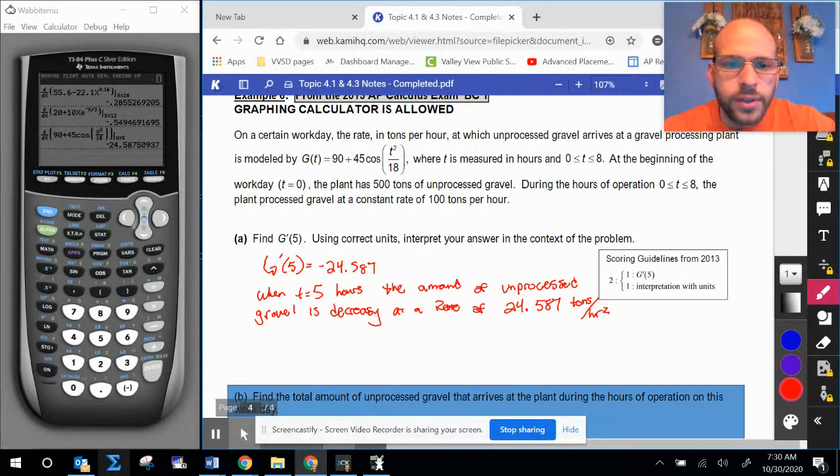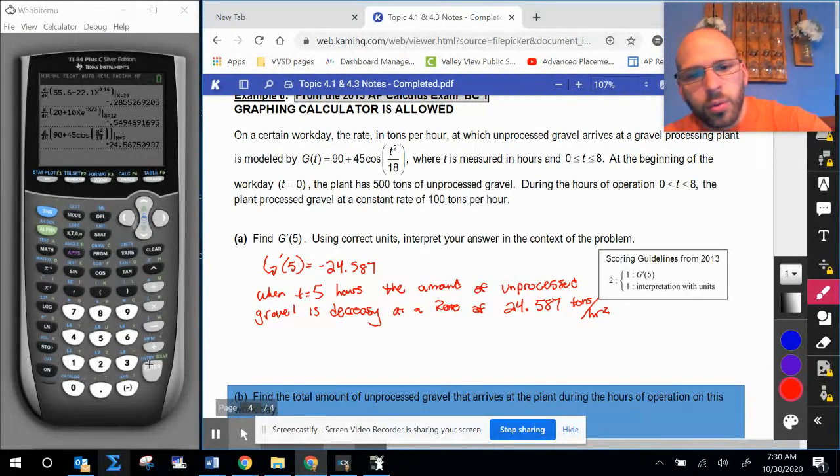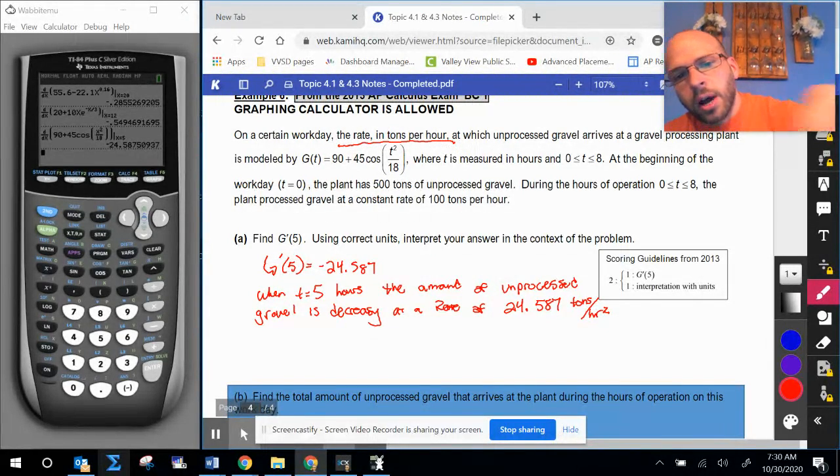Okay, so it says G of t. So if you read that first sentence again, the rate in tons per hour at which unprocessed gravel arrives at a processing plant is modeled by this. So if G of t is already in tons per hour, if you take the derivative of it, it's now going to be in tons per hour squared. It would be the next unit.